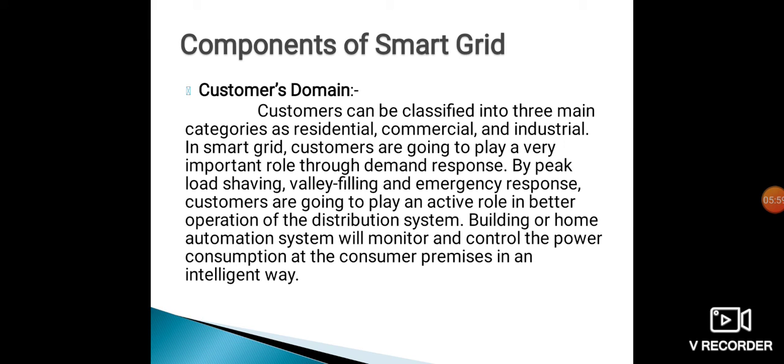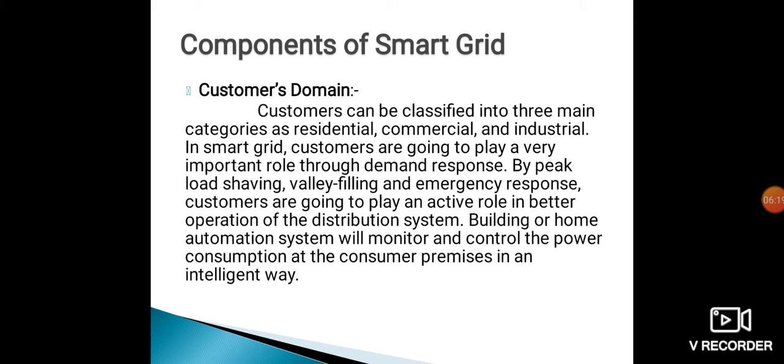If consumers do not use the electricity in a better way, the efficiency of the distribution system will go down. So the use by the consumer is a very important point. So the customer domain is a very important domain in case of a smart grid.